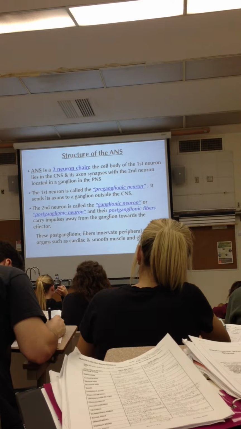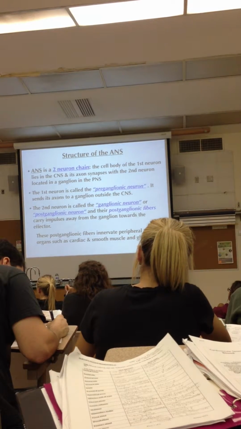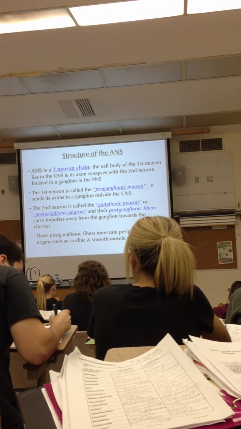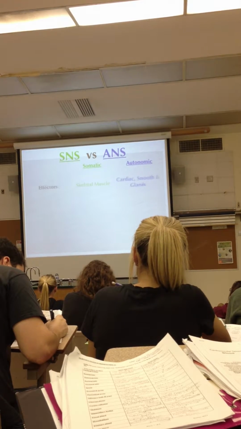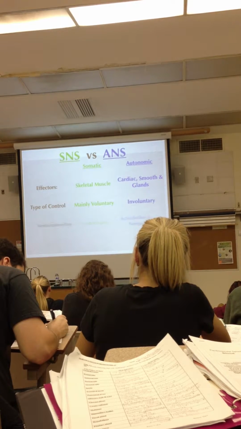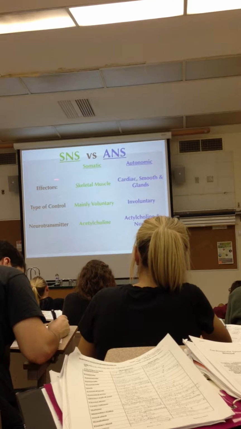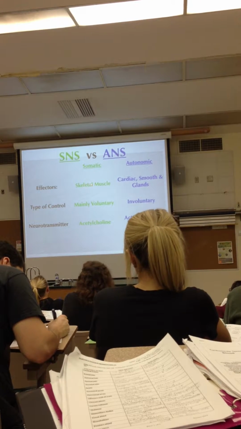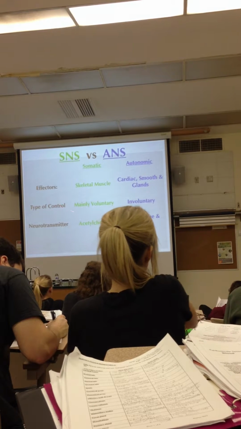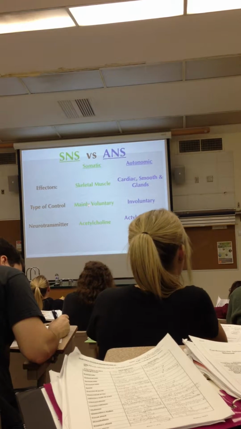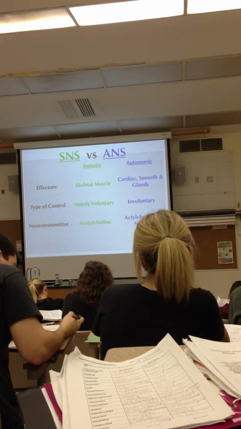And again, autonomic nervous system, that effector is smooth muscle, cardiac muscle, glands. Okay? So if you compare autonomic versus somatic, the effectors: somatic is skeletal muscle, this is cardiac, smooth, gland; voluntary mostly, and involuntary. Neurotransmitters.